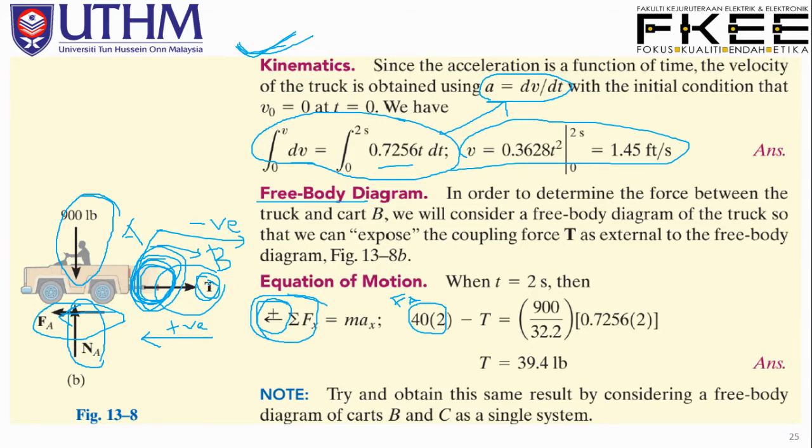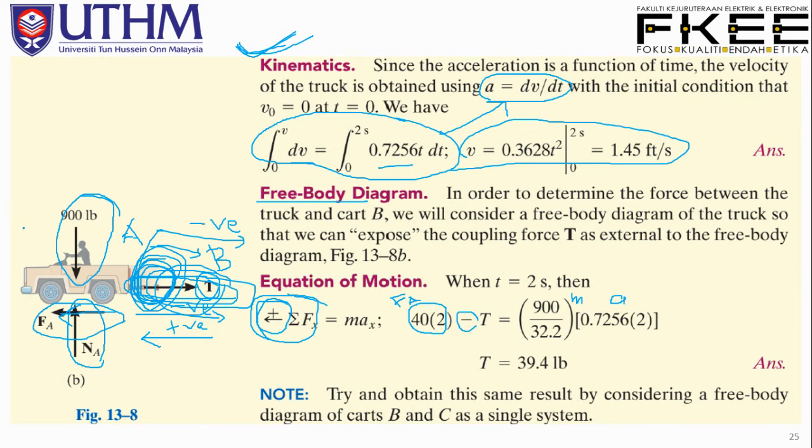T is the coupling force where truck A needs to pull, which means there is an opposite force T acting on truck A. That's why we have this direction, the negative direction. And then we have m and a.